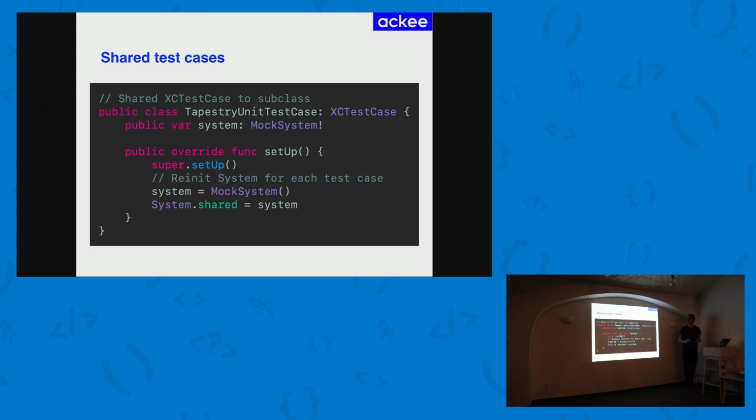And then we have a shared test case, so we ensure that we always get a clean slate before running each test, which I think is really important. In here we define a mock system where we can easily stub error commands or successful commands, etc. And we always reinitialize it.